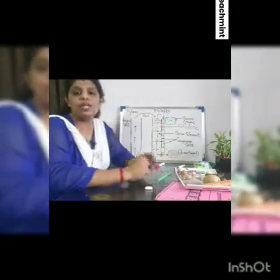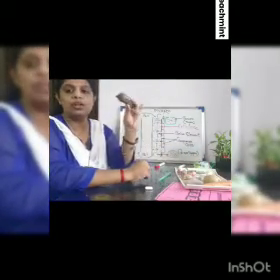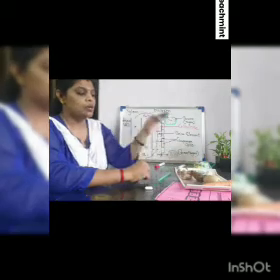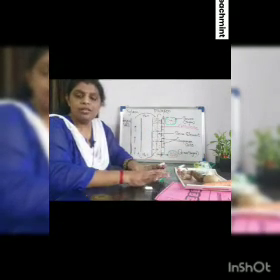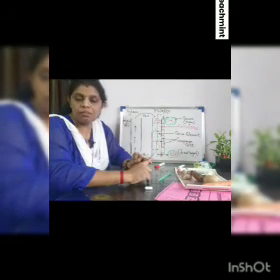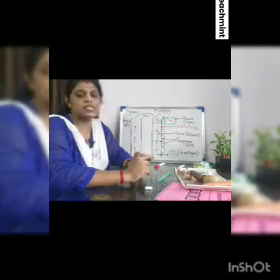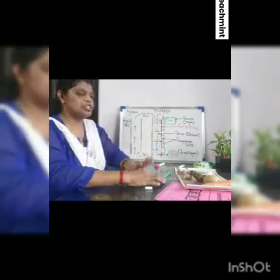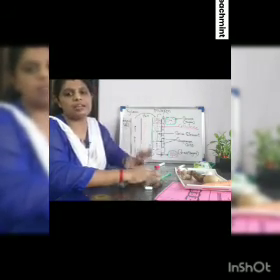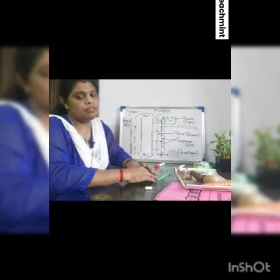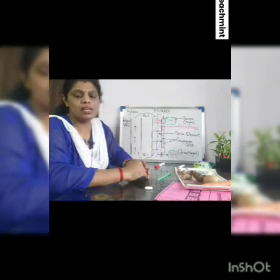Corm is found in which vegetable? Arbi, which is called taro. Then the structure of xylem and phloem, the difference between xylem and phloem, and transportation of water. You can draw the same diagram if it is asked for 4 marks.